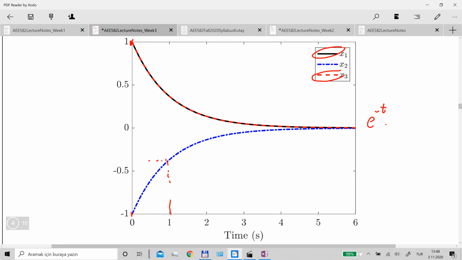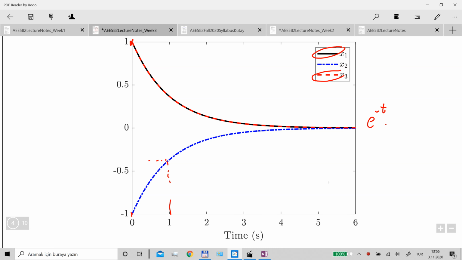While we know that the system has a pair of purely imaginary poles, we don't see any sign of oscillations at all. This shows that if you choose the initial conditions carefully, that oscillator mode will not be excited at all. And all three state variables, this is important, represent a behavior that obeys the dynamics of the first mode.